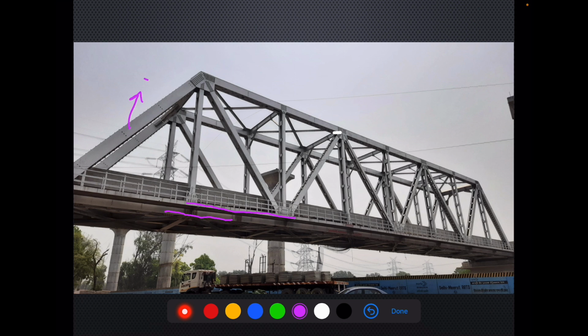So this is end raker. This is our top chord. This is also top chord. Then we have these verticals. We have these diagonals. Then here we can see clearly this is sway girder, and these are top lateral bracings.